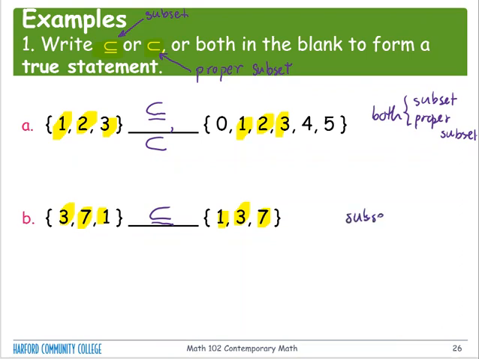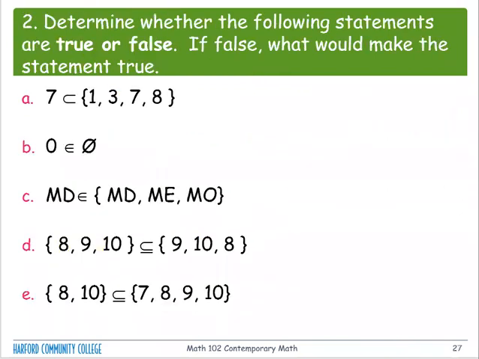Only the subset notation can be put in here. And we note not proper subset, because the left-hand side is exactly the same as the right-hand side. It's not smaller than the right-hand side set.